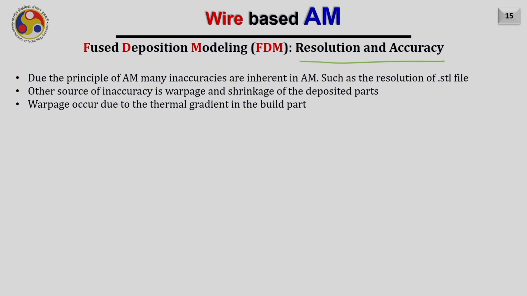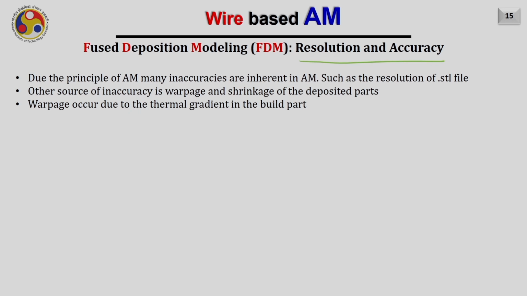The other sources of inaccuracy are warpage and shrinkage due to the thermal history of the deposited material. The warpage usually occurs due to the thermal gradient available. For example, you are depositing the material and it has less temperature at one end and more temperature at another end in the end of the process.